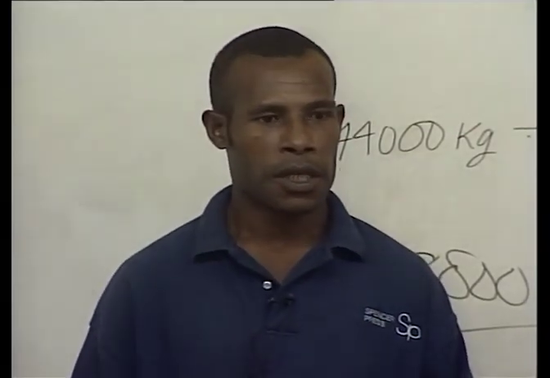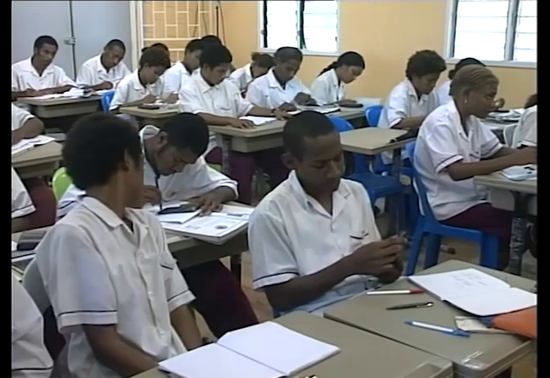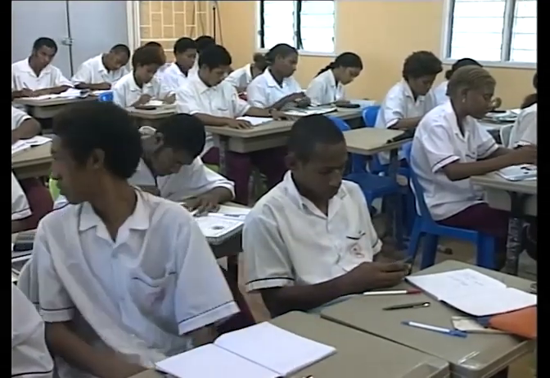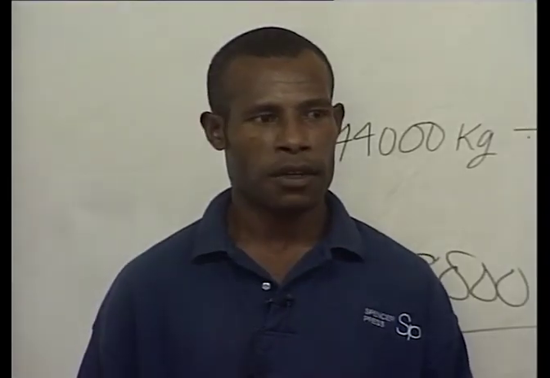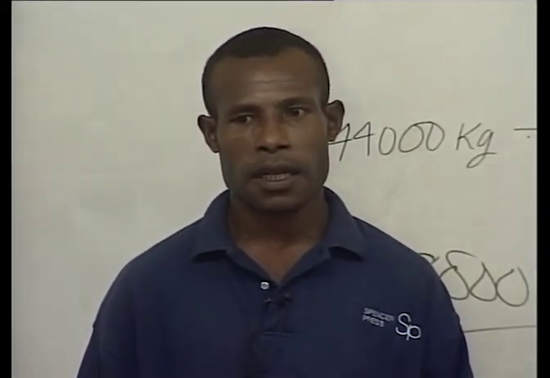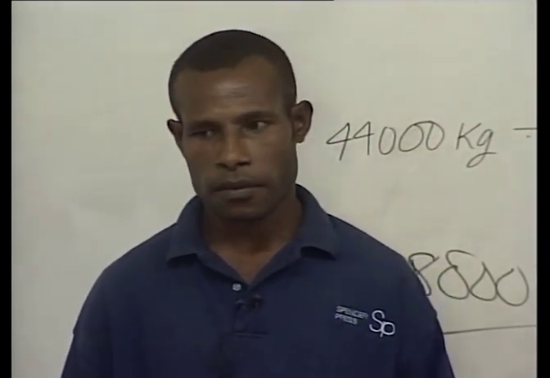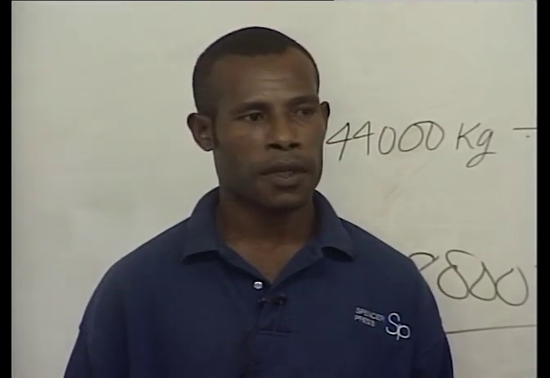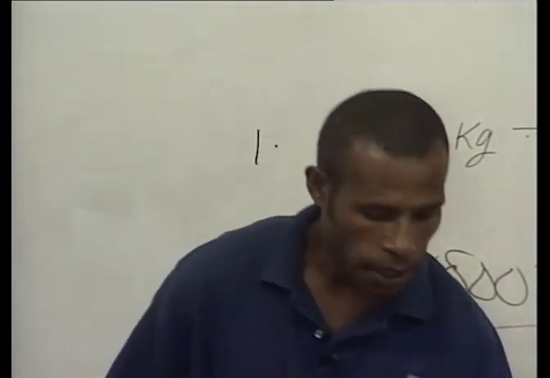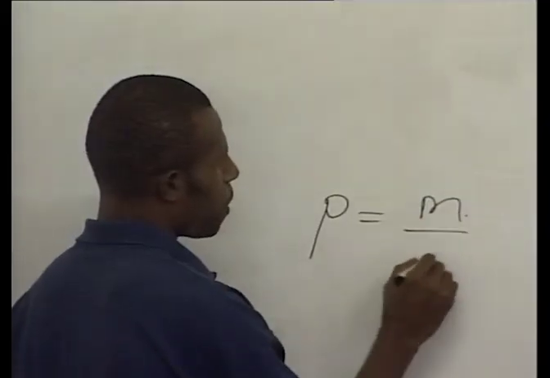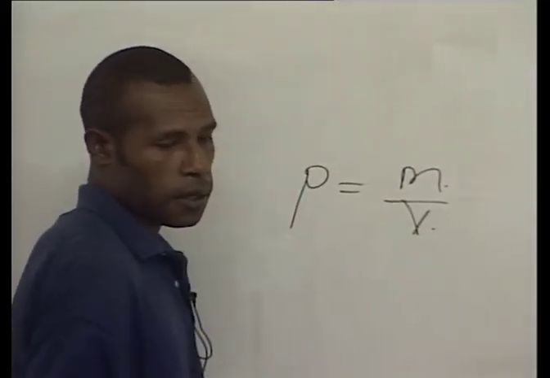If we are trying to compare the density of a certain substance with, let's say, that of water, then we call it relative density. That is the density of the substance over the density of water. Density is denoted by the sign rho, which is equal to mass over the volume V.